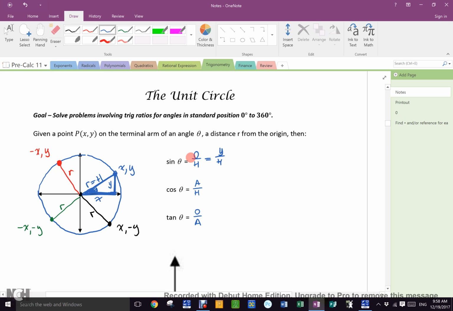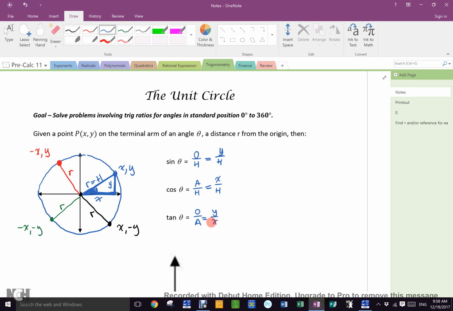Everyone agree? Okay, so what is cos of blue theta? X over h. And what is the tan of blue theta? Y over x. Does everyone see how that works?